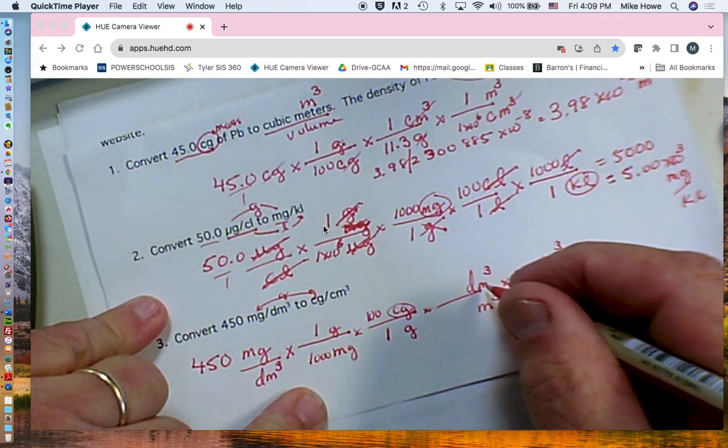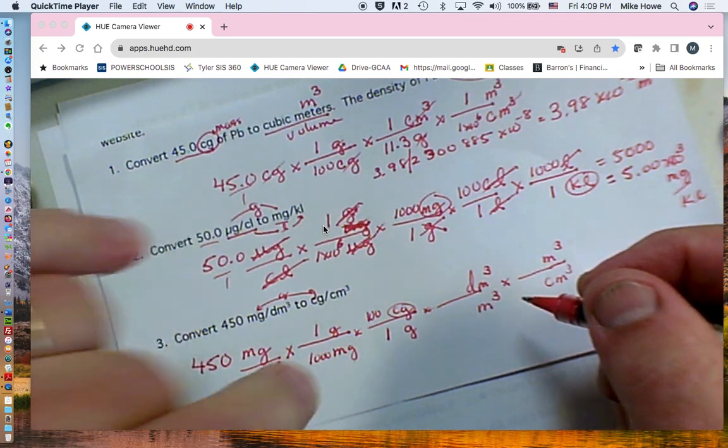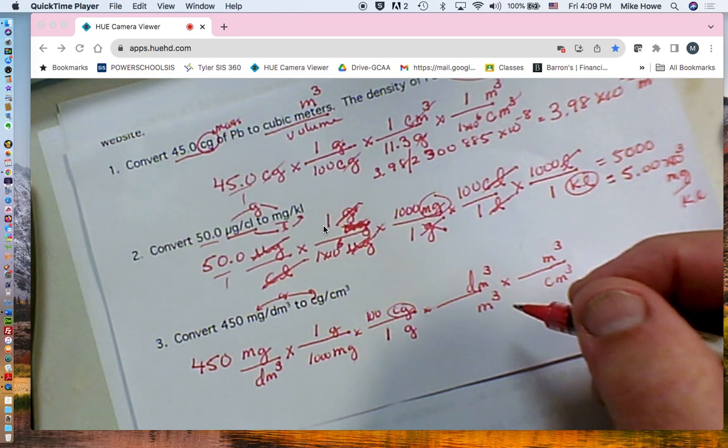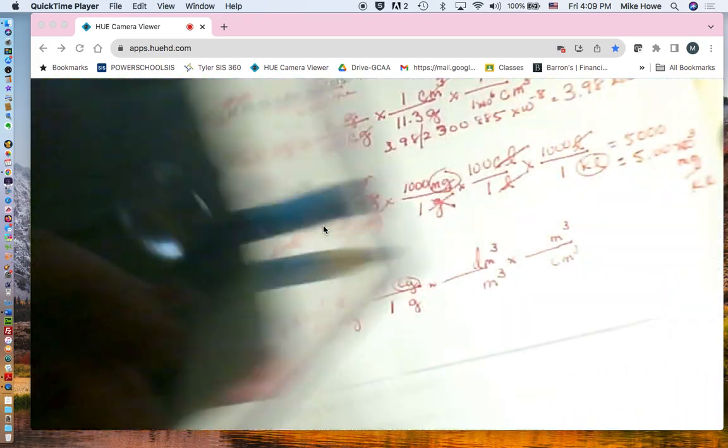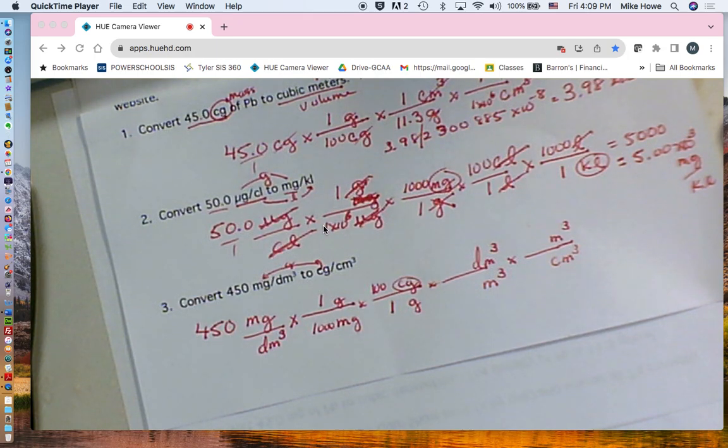Which is bigger, a cubic decimeter or a cubic meter? You may remember the cubic decimeter is the thing that I filled with water the first time I was demonstrating this for you. It's this plastic box. Remember that plastic box I filled with water? That's a cubic decimeter.